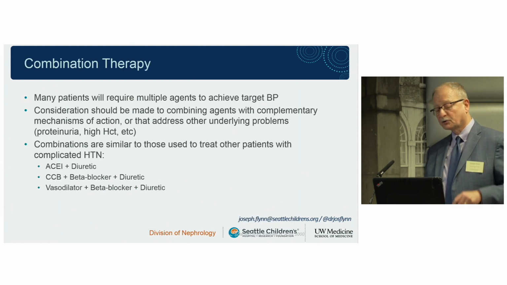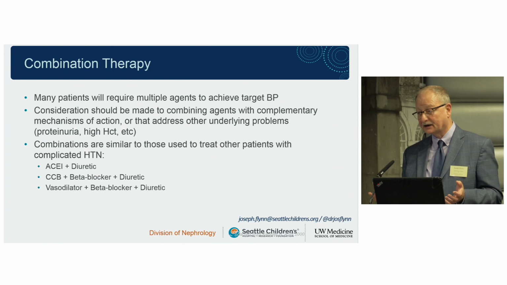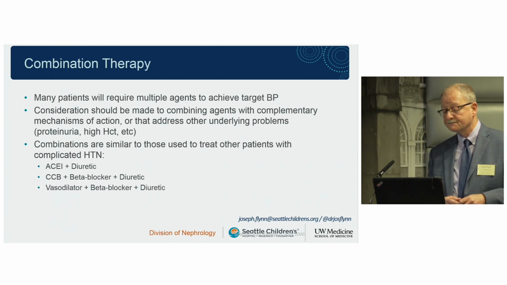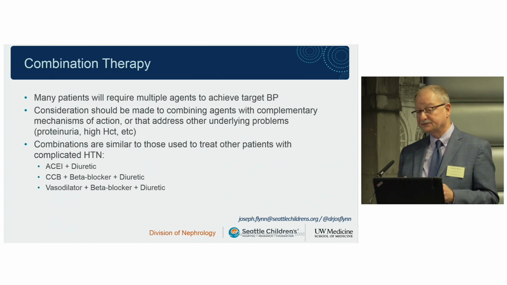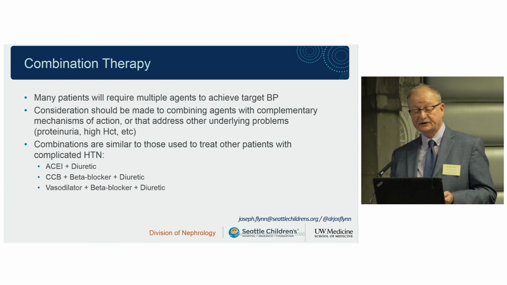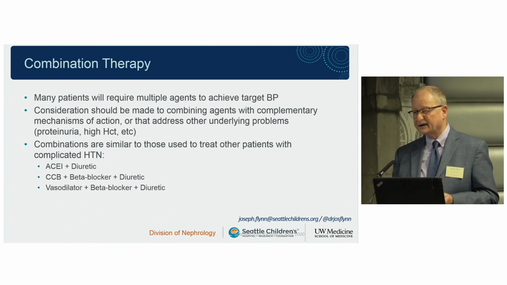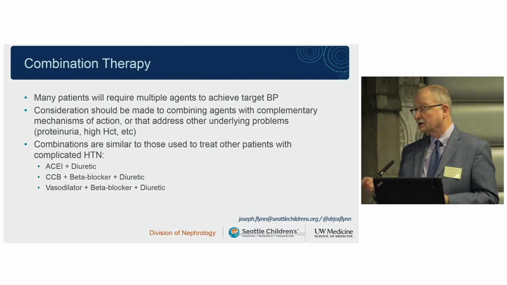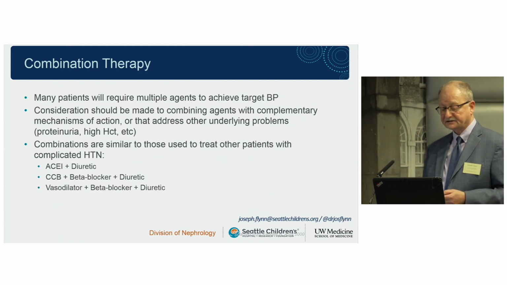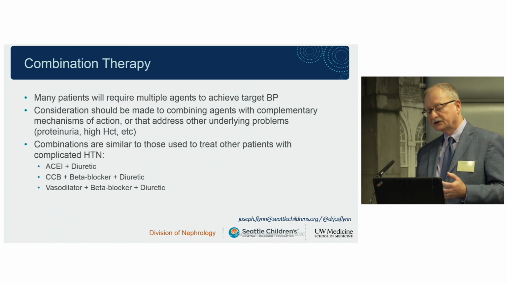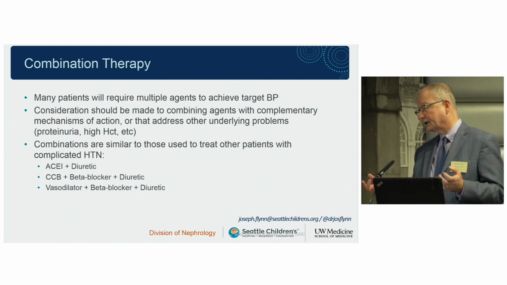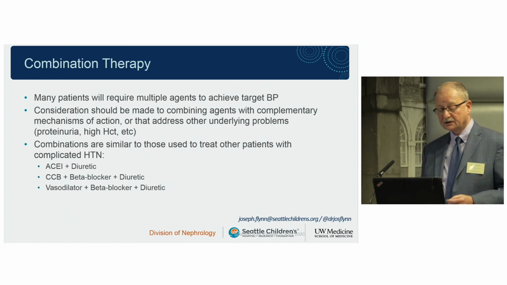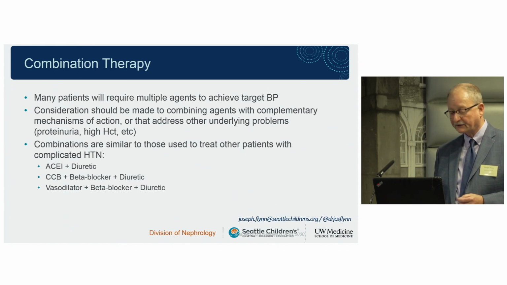Oh, and then, of course, a lot of patients do need combination drugs because these patients can have quite severe hypertension because they come to transplant already having been hypertensive or already having been on dialysis. They don't have normal blood vessels. So it's hard to actually effectively treat their blood pressure. So just like treating any other patient with complicated hypertension, you may need to use combination therapy.